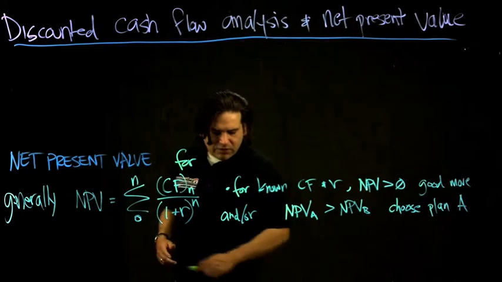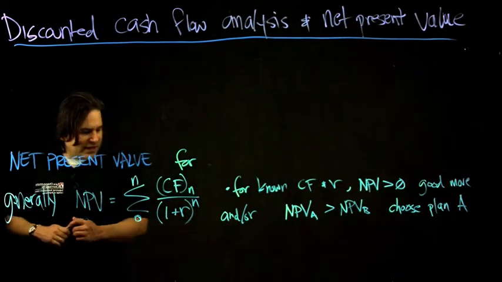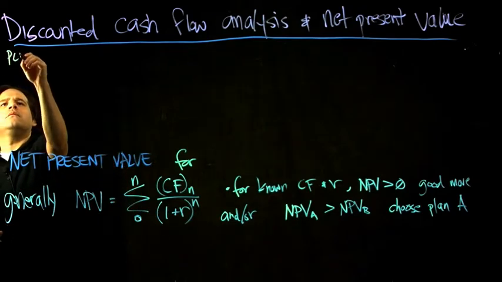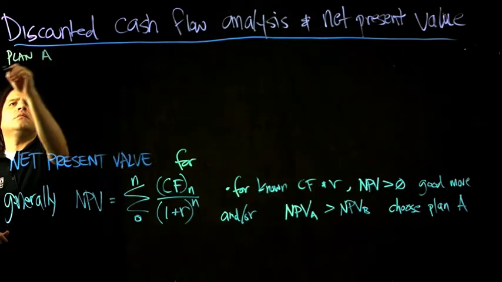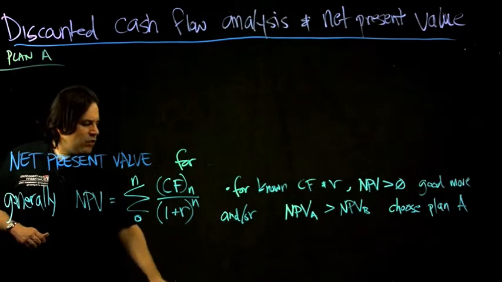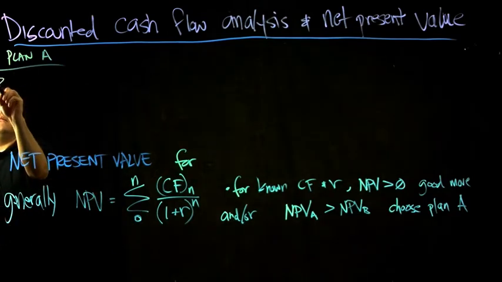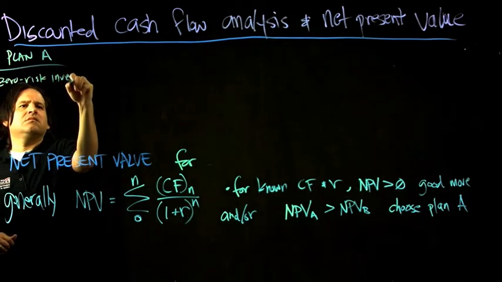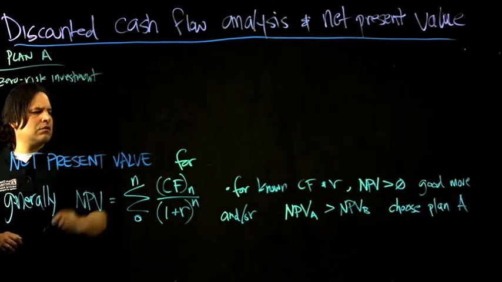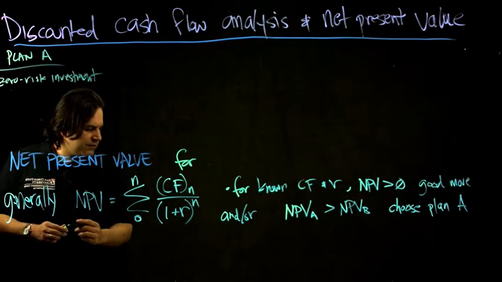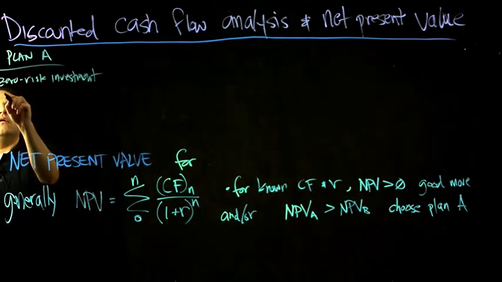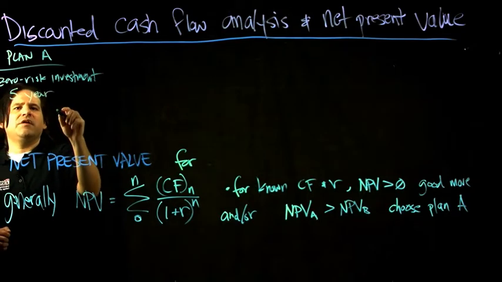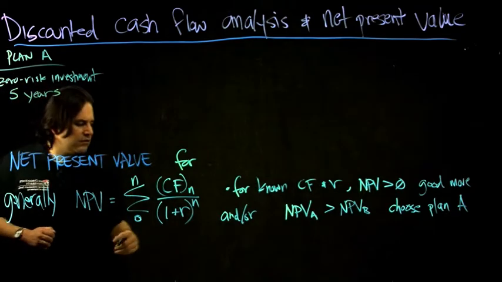Okay, so then we're going to do another 3 different options. So plan A, it's going to be this no risk, zero risk investment. 5 years interval.